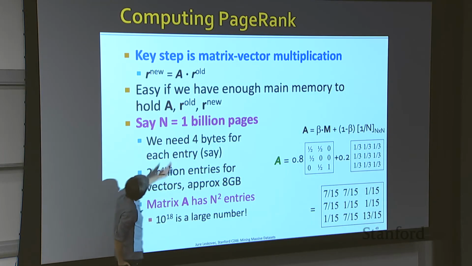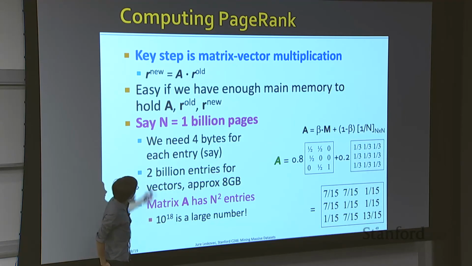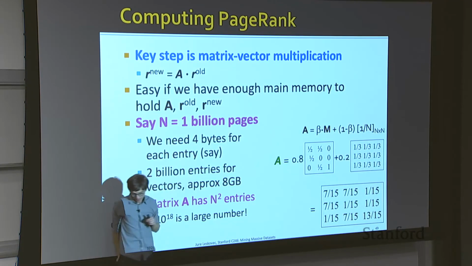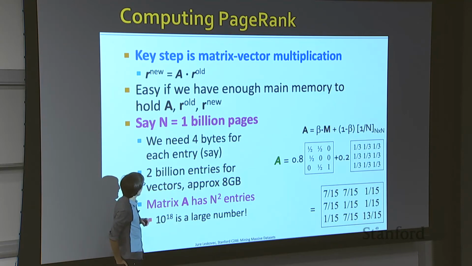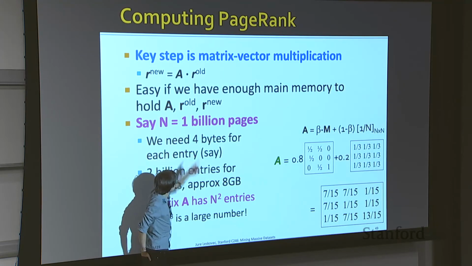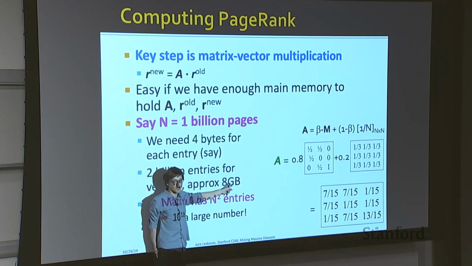But if I have, for example, a billion nodes, and I need 4 bytes to save an entry, like a short float, and I need the two vectors R new and R old, each with a billion entries, then just to store R old and R new, I need 8 gigabytes of memory.